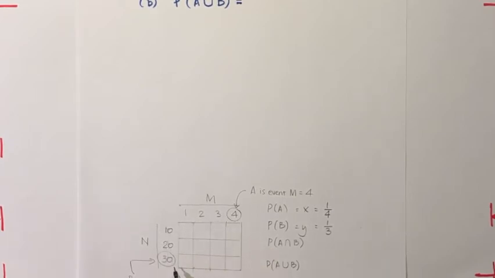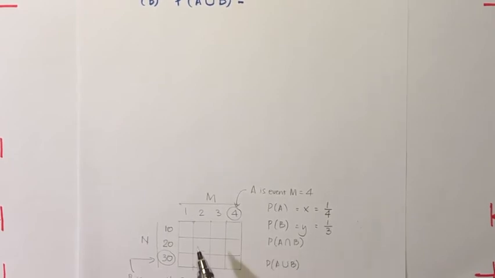Let's look at the grid here. M can choose any of those 4 numbers, and N can choose any of the 3 numbers. This box gives you the total number of combinations of choices between M and N, and there are obviously 12 possible combinations, each of them equally likely.